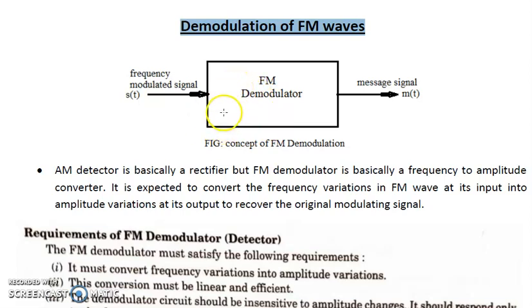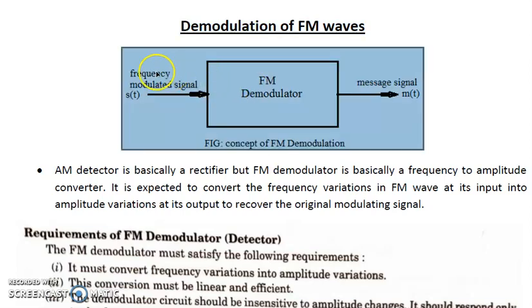The concept is explained. The input to the FM demodulator is the frequency modulated signal, which is transmitted, broadcasted, and received at the receiver set. At the receiver set, the first section is the demodulator circuit, and this circuit receives the frequency modulated signal in the case of FM demodulation.